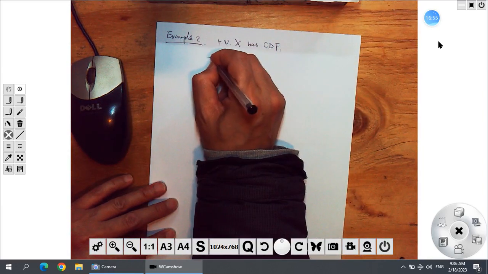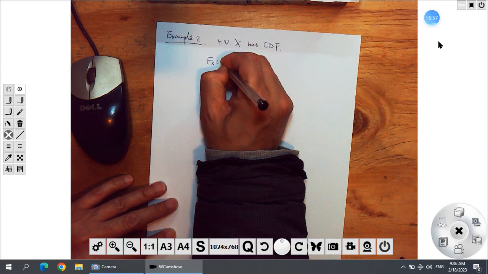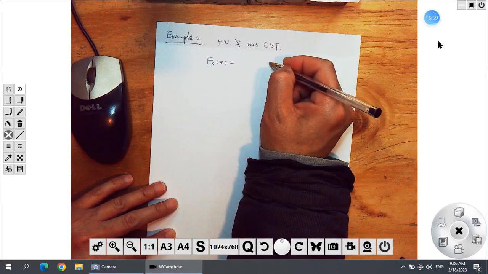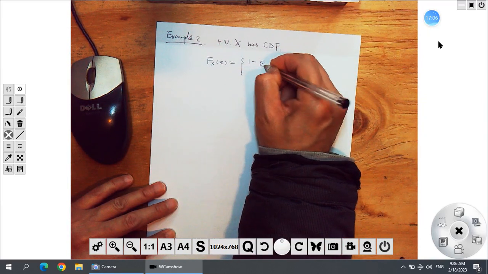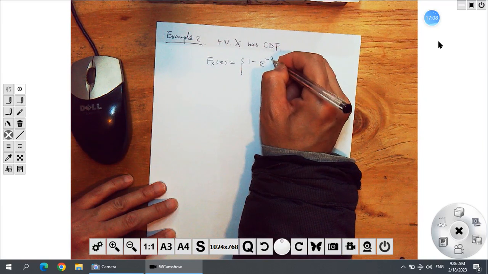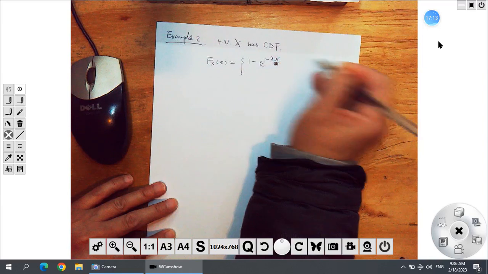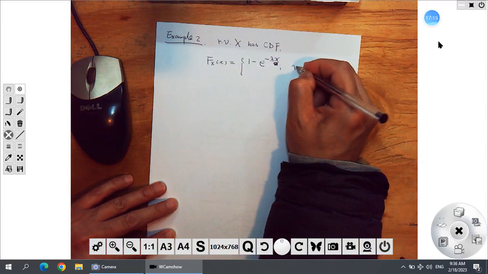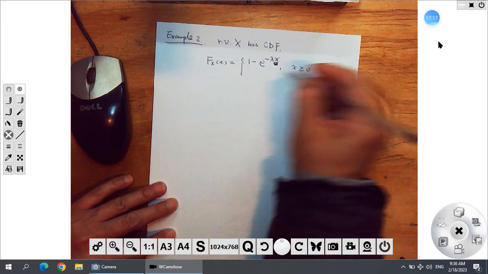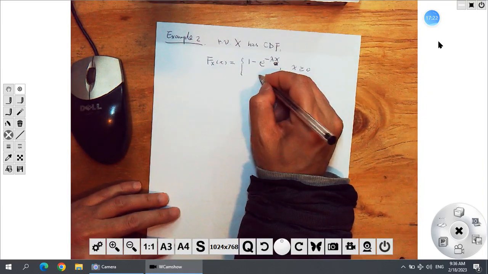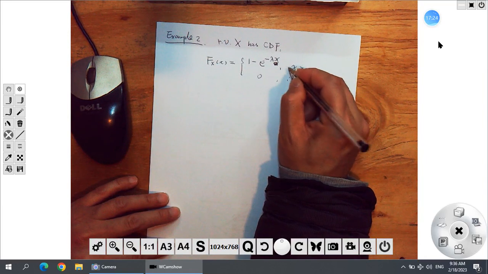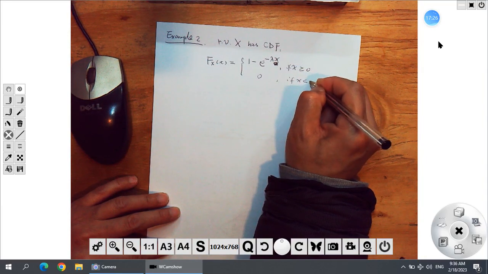F_X(x) equals, we have two parts: 1 minus k e to the negative lambda x if x is larger than or equal to 0, and 0 if x is smaller than 0.